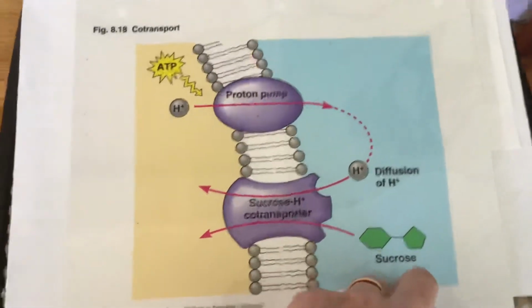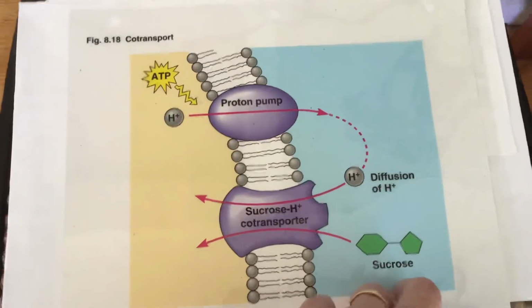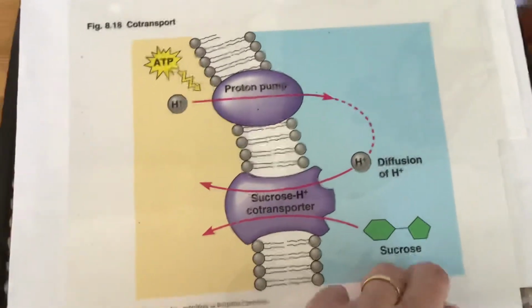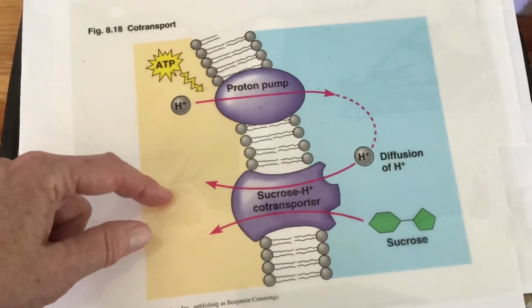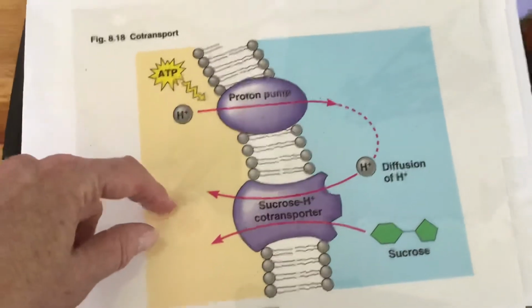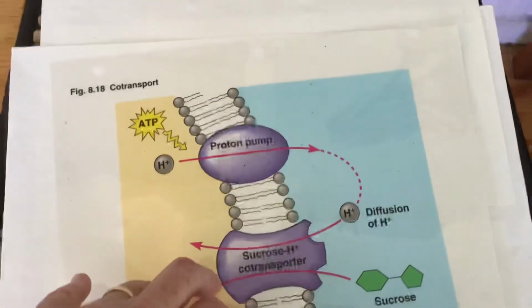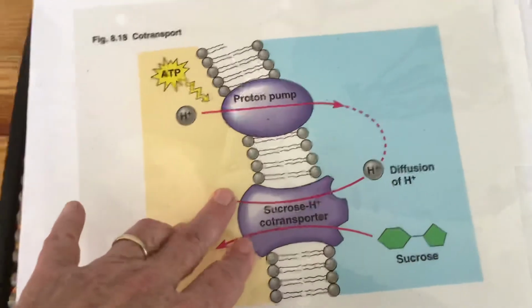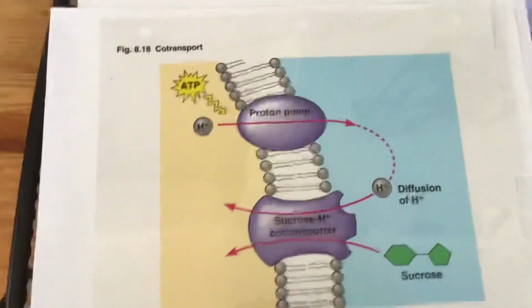Remember, sucrose is like table sugar, but it's also the sugar that is produced in plants during photosynthesis. So the flow of the hydrogen ions back across the membrane with a diffusion gradient through this protein will pull that sucrose with it, or basically it provides the energy for bringing that sucrose across the membrane. So this is called co-transport.